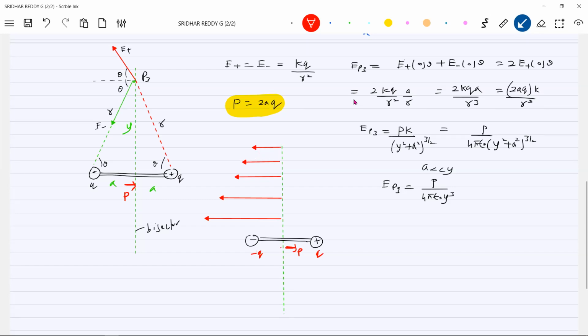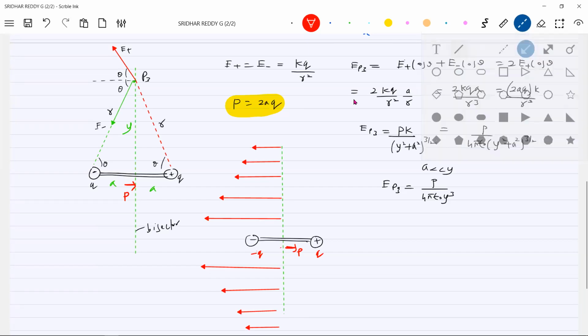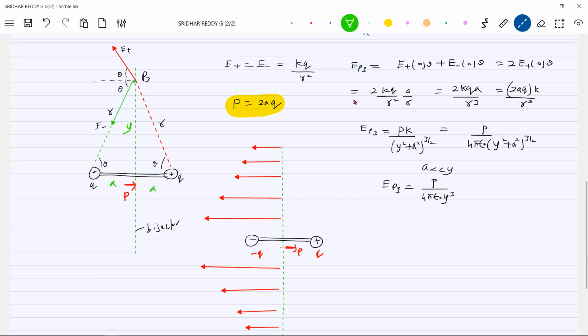They indicate the magnitude. Everywhere on the bisector, the E bar will be directed opposite to P bar. And as we move away, the magnitude of the electric field will keep on decreasing. And everywhere on the axis, the E bar will be directed towards right.